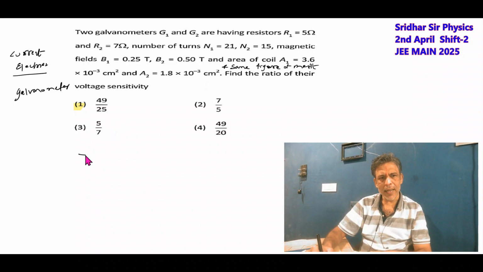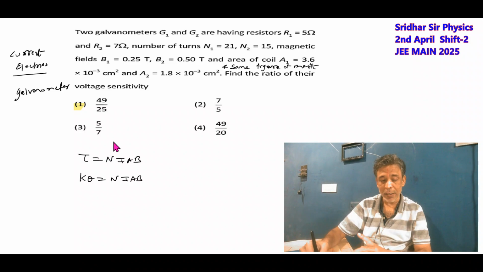Then directly we go for torque equal to NIAB, where torque equals K theta. You have to recollect this from the galvanometer.